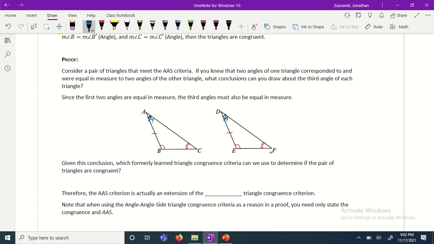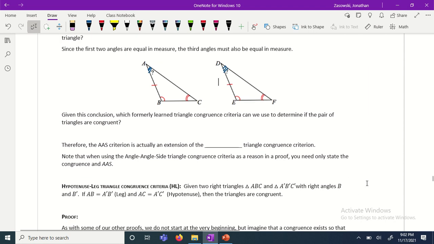So once again, if these angles are equal, because we knew these two angles, we were able to get the third, and this is actually just an extension of angle side angle. The reason we can use angle, angle, side is because we would be able to get the third angle to get angle side angle. So it's just an extension of that criteria.